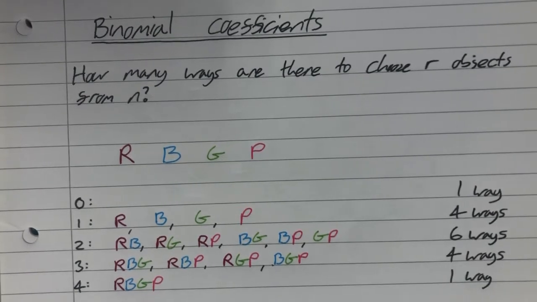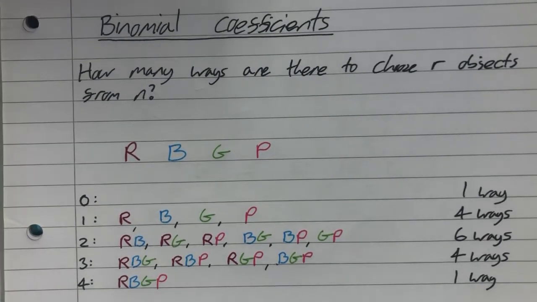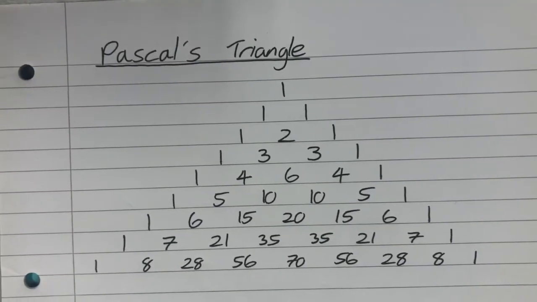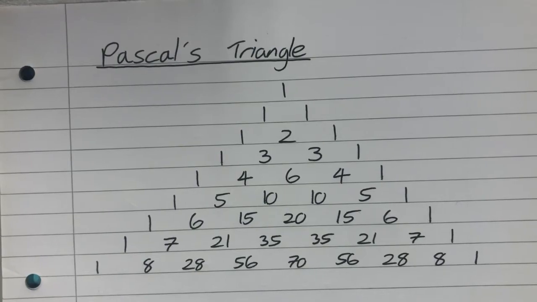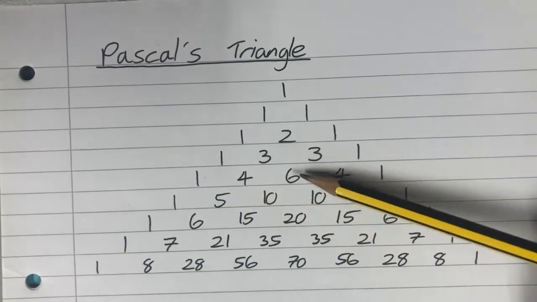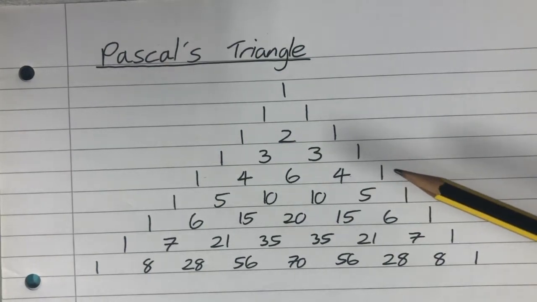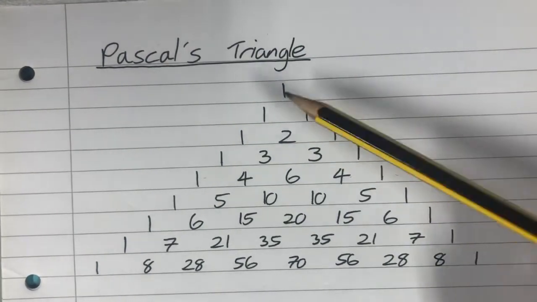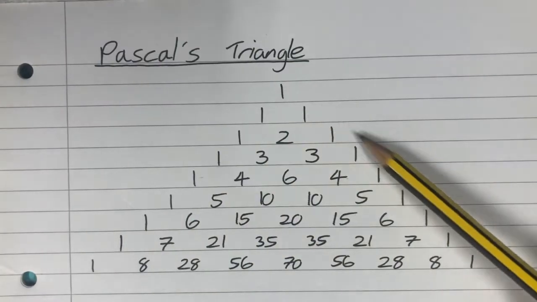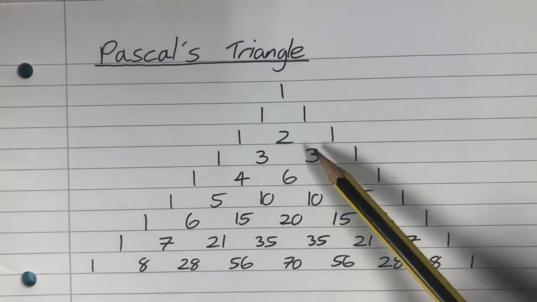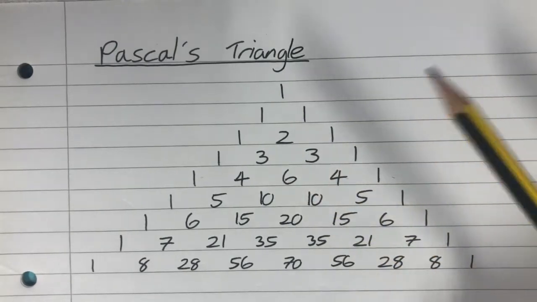That is a row in a very famous triangle. It's exactly what we're going to move on to now. This triangle is referred to as Pascal's Triangle. And there we can see our 1, 4, 6, 4, 1. Now the way the Pascal's Triangle is defined is there's 1s down the 2 edges, and all the elements inside the 1s are equal to the sum of the 2 numbers directly above it.